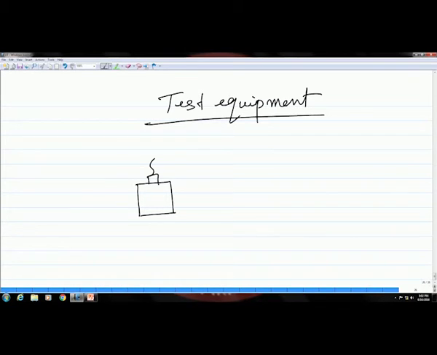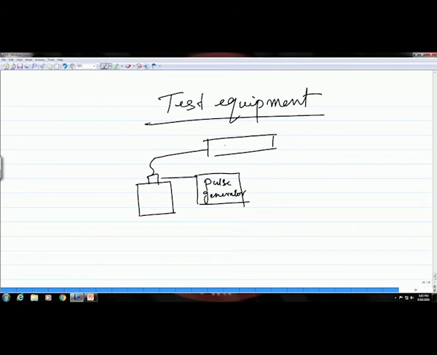Okay. So, this probe will be connected to a pulse generator, and this has to be connected to the system to first amplify the signal.